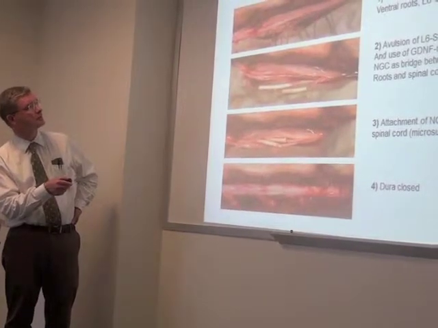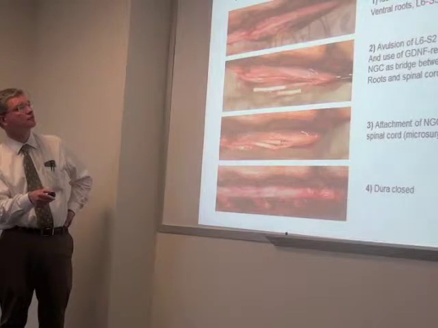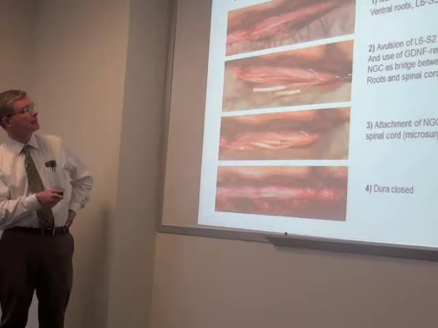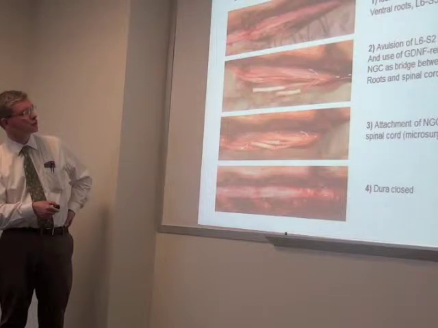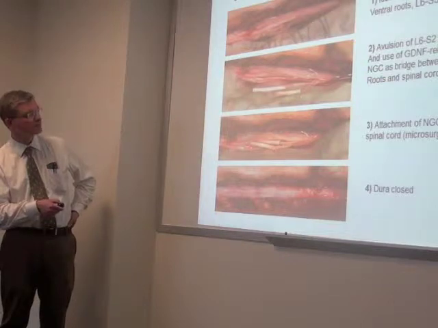In the primate there are different names of the nerve roots, so they have more lumbar nerve roots than the human does, but it's the same principle. Here we have these tubes, and here we are surgically putting them back into the spinal cord to bridge the tissue gap as a proof of principle.